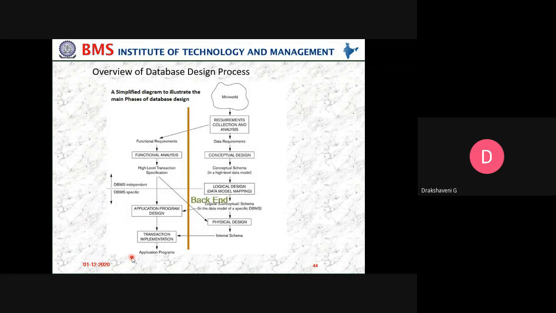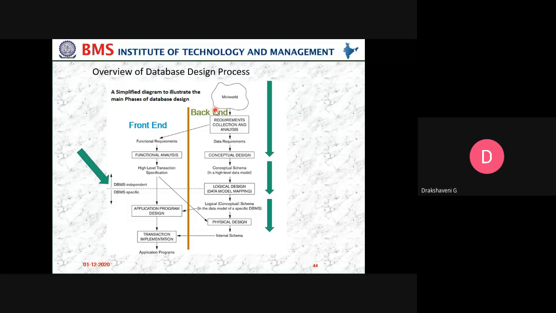So then overview of the database design process. For any database, these are required, that is a simplified diagram to illustrate the main phases of database design. So in any database, we can see a front end and a back end. So what are we doing in the front end? That is functional requirement or functional analysis, high level transaction specification, then DBMS independence, DBMS specific application program design, transaction implementation, then application program.